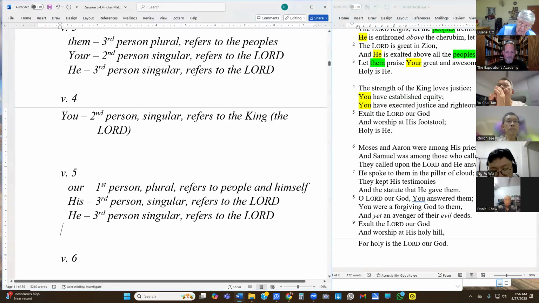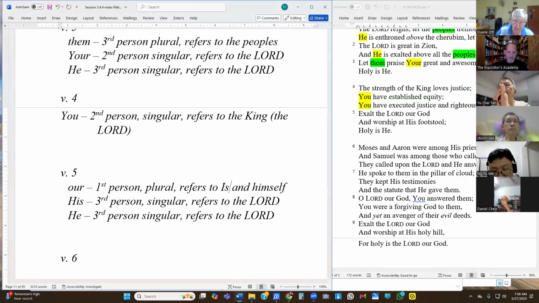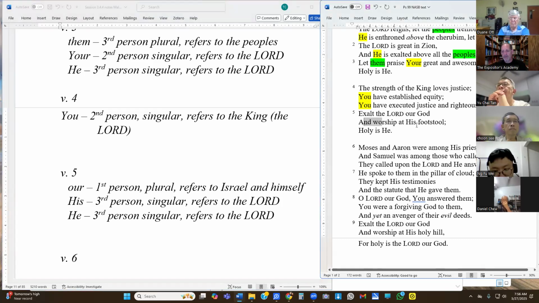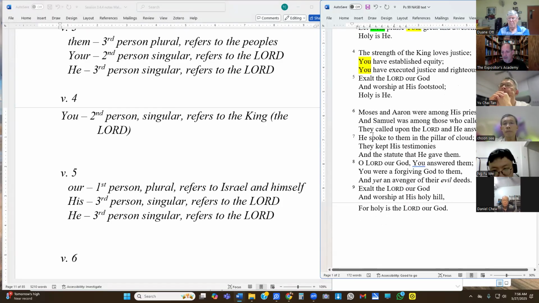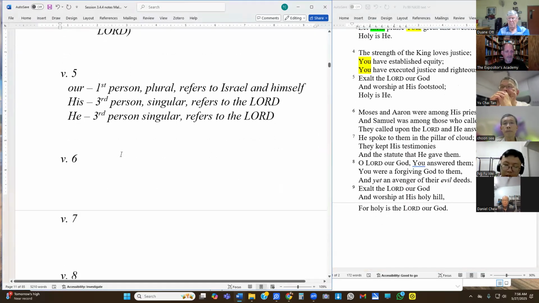So yeah, I think maybe even just the Israelites or Jacobites, as you said. But notice "and worship at his," third person. "Holy is he." So he's now giving a general statement, a command to the peoples. All right, great. Pastor Philip, verses 6 to 9.